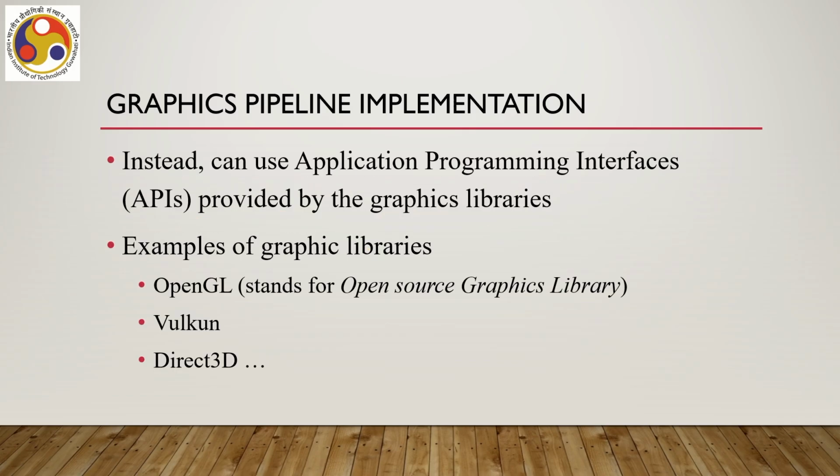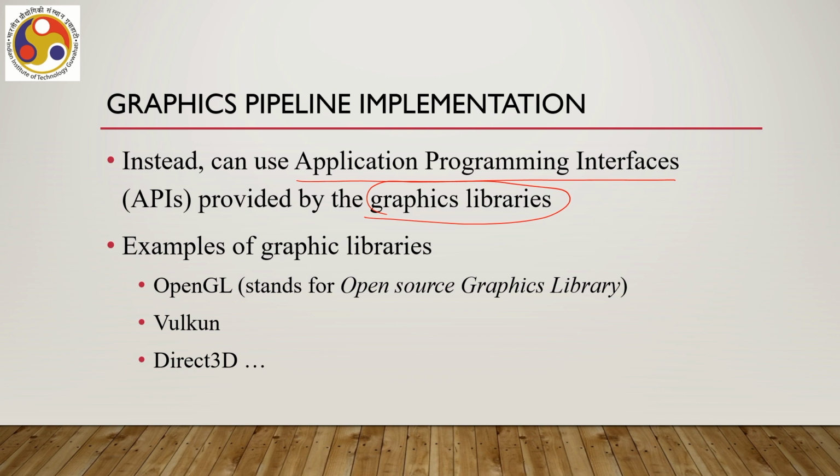Instead, the programmer can use APIs, application programming interfaces, provided by graphics libraries. There are already some implementations in the form of libraries. The programmer can import those libraries into the programming environment and use the APIs provided in those libraries to take care of the graphics related concerns.